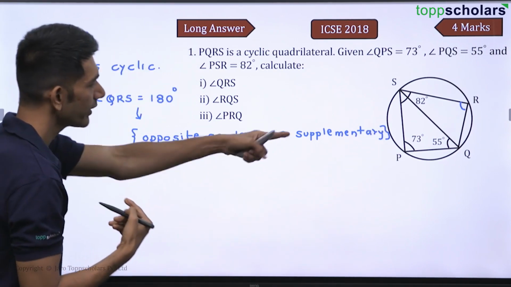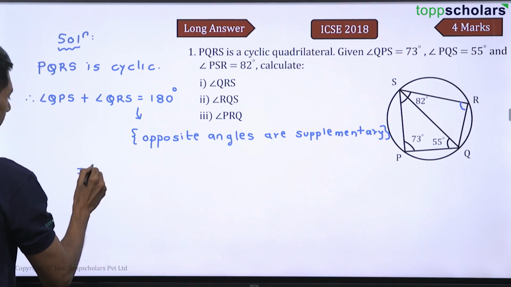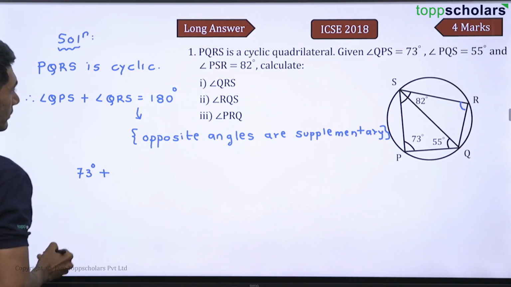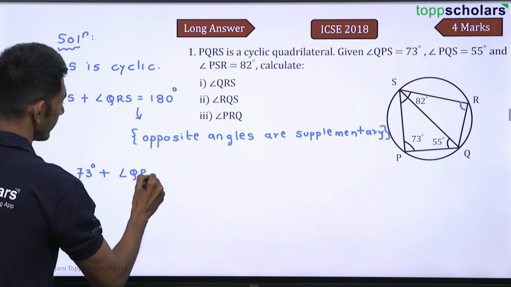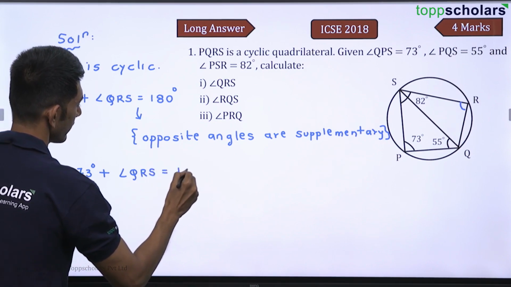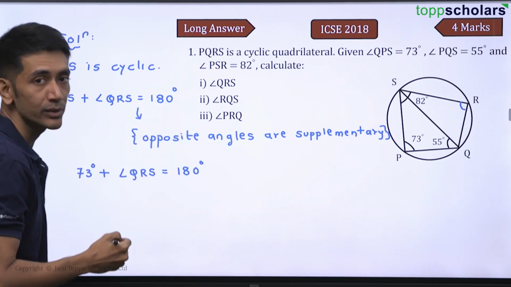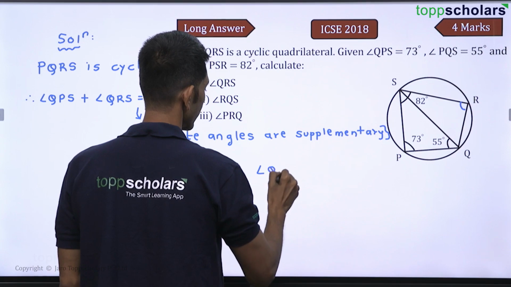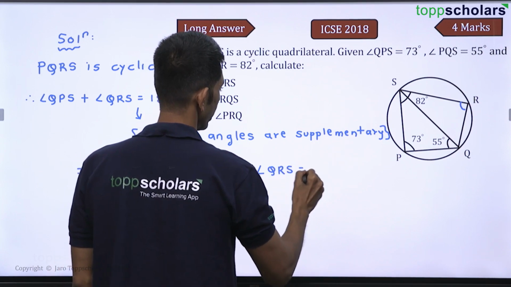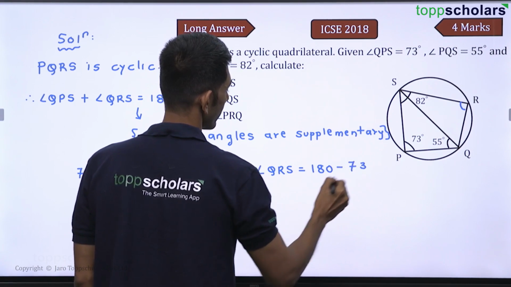So QPS is already given 73 degrees. So can I say 73 plus angle QRS is equal to 180 degrees. If I shift 73 degrees to the other side, I get angle QRS is equal to 180 minus 73.